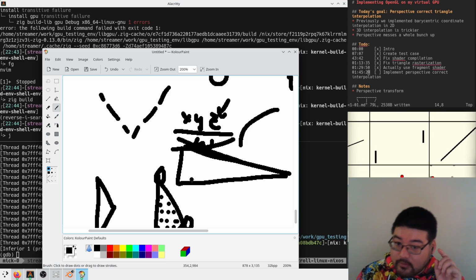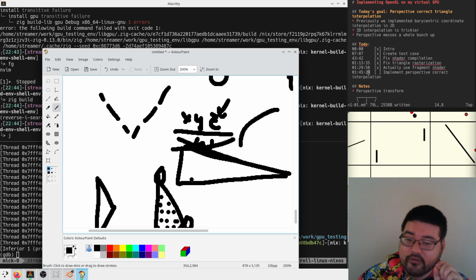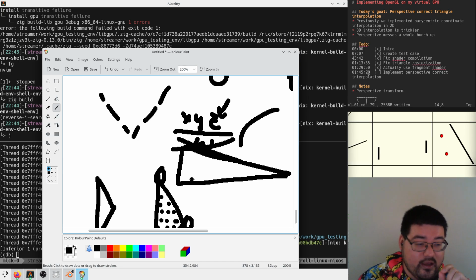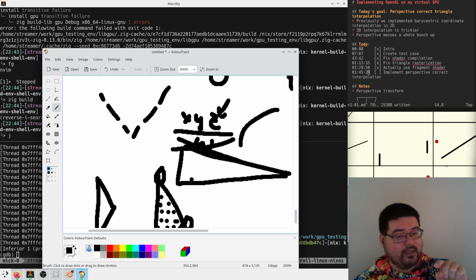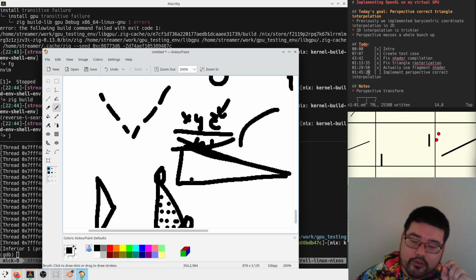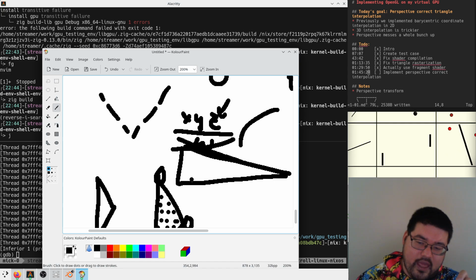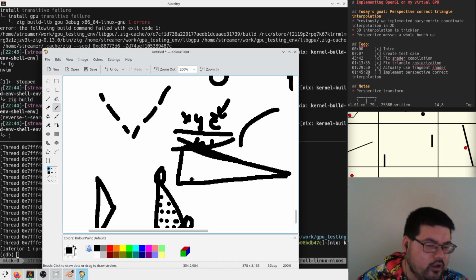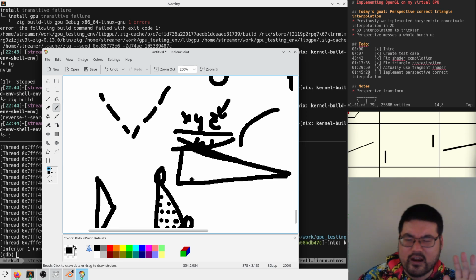Now, the problem with that, I believe, is that there's a very hard baked-in assumption that you are doing perspective mapping if you do that, right? Which is not always the case. If you're doing orthographic projection, then doing the same thing would still work, but it's not really correct.